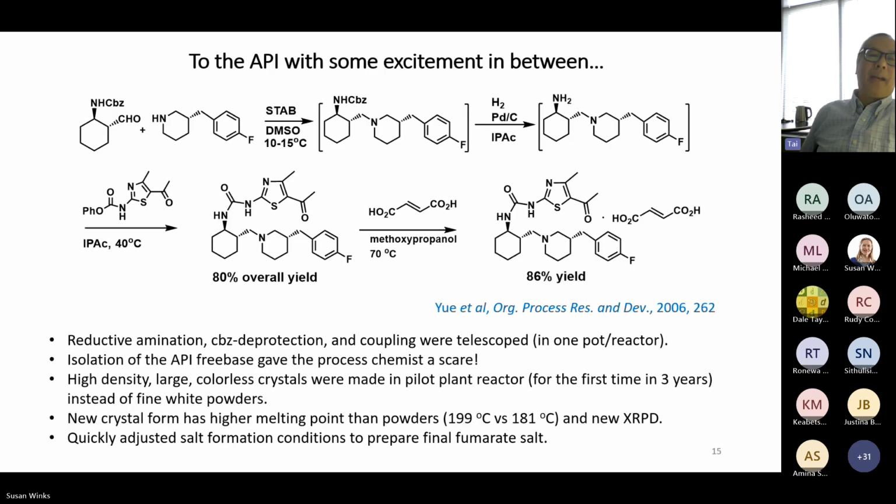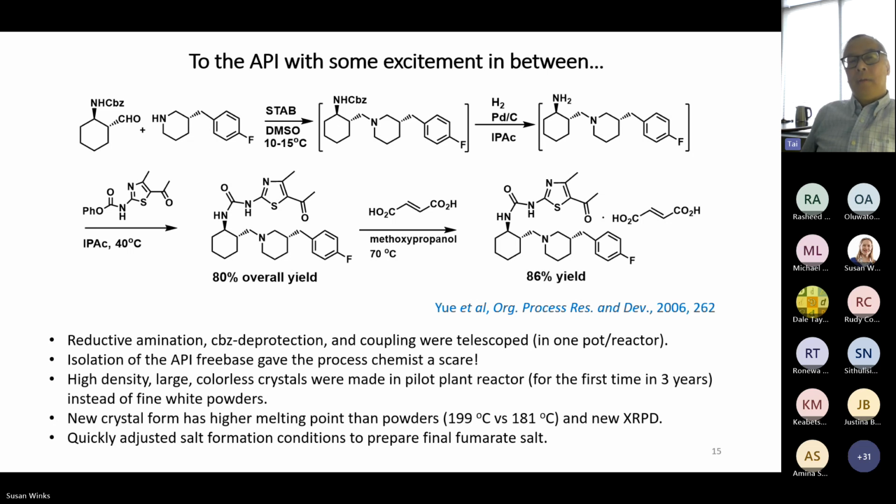Now we're putting everything together. From the bisulfite salt of the amino aldehyde, in one pot, or in one reactor, we're doing 3 reactions. The reductive amination using STAB as the reductant, so that we get to the alkylated product in the middle.